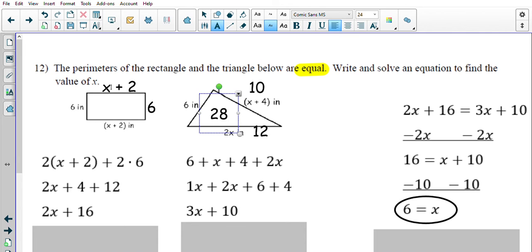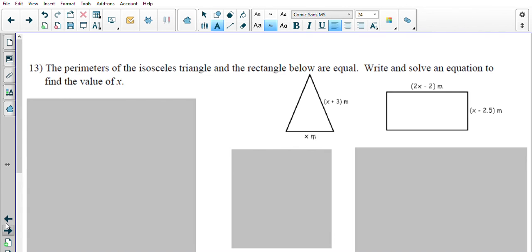For this, I'd have 6 plus 2, which is going to be 8 for this side, 8 for this side, which is 16, plus 6 more is going to get us 22, plus 6 more is a perimeter of 28. So they both have a perimeter of 28 if x is 6. Not saying you have to do that to check, but it is one way to check to see, is my value of x correct? All right, let's finish up with our last example, number 13.